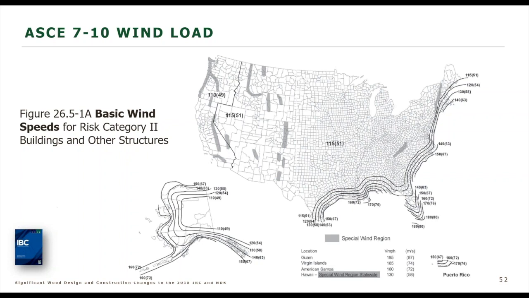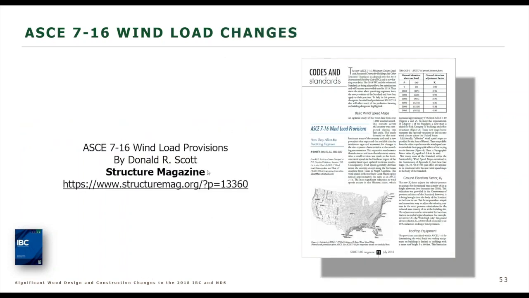So in some areas of the country, your wind speeds may decrease or it may increase depending on where you're at in the country. And that may increase your demand on the building. If you're interested, this is a really helpful article by Don Scott that gets into more detail on the changes in ASCE 7-16. NCSEA also has a recorded webinar that he's done, so more resources to find out more.